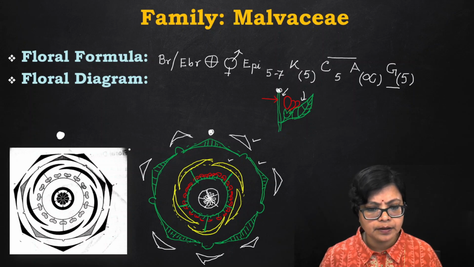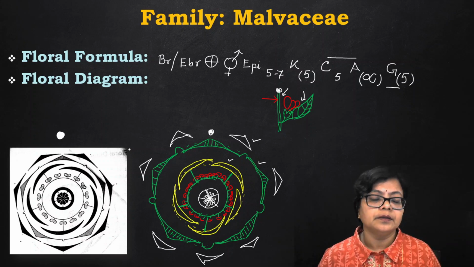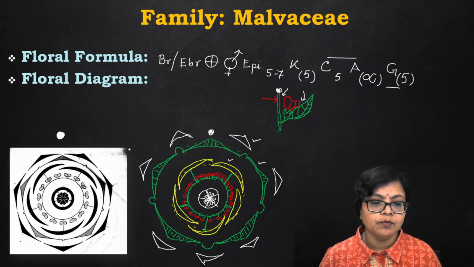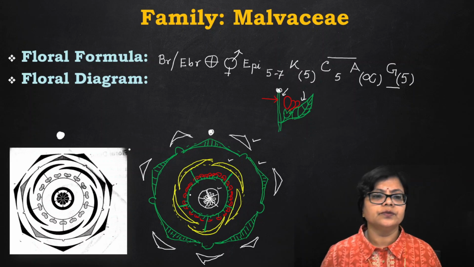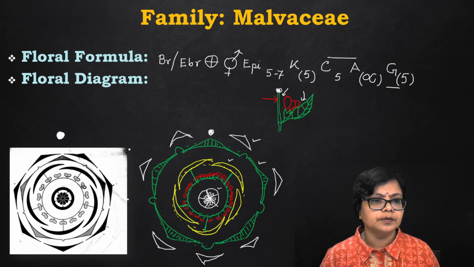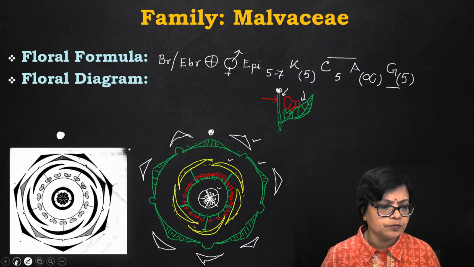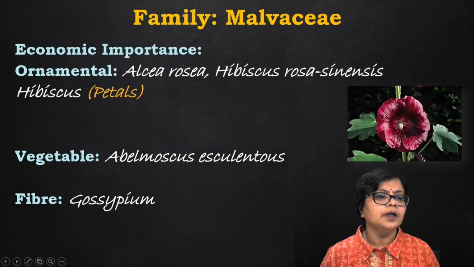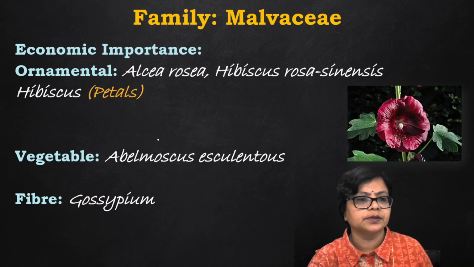Now at the center, this represents the characteristic features of the ovary, axile placentation, pentalocular. So this is clear. So I feel this floral diagram is absolutely clear to you all. Now next, economic importance.